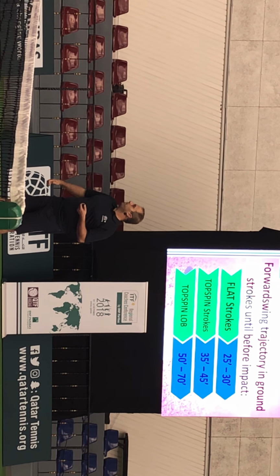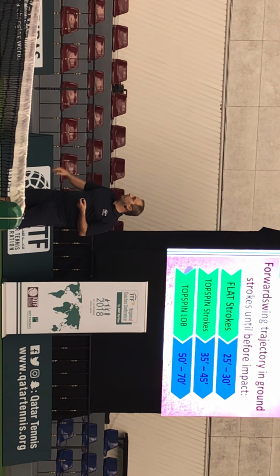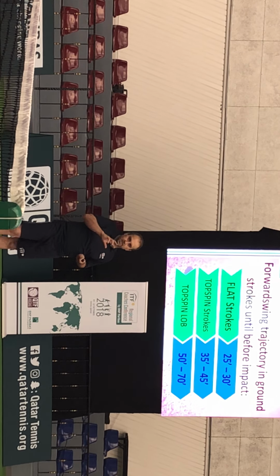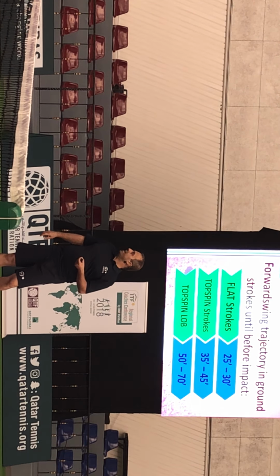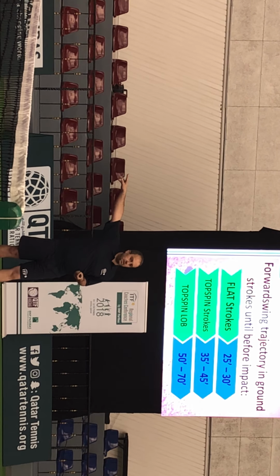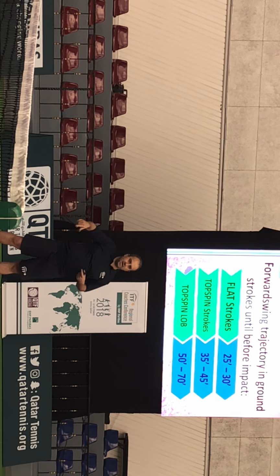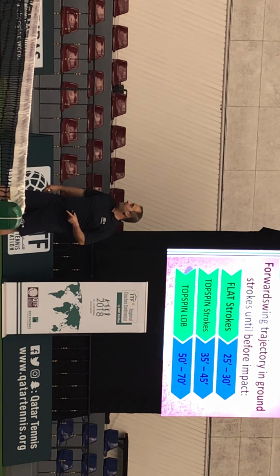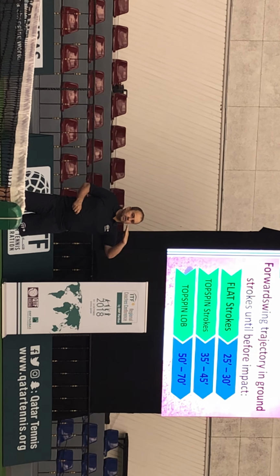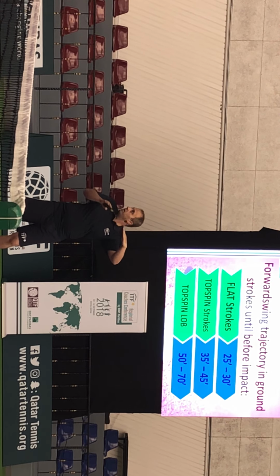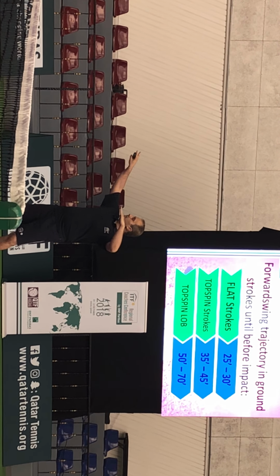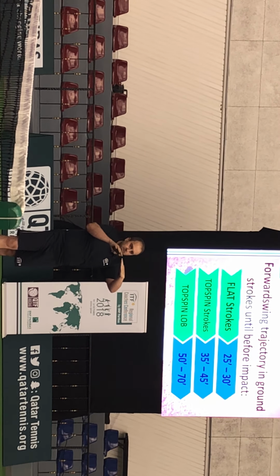Forward trajectory in ground strokes until before impact. Again, some data you can use for your observation. Flat strokes, that's for the ground strokes, forehands and backhands. The racket trajectory before hitting the ball is somewhere between 25-30 degrees.